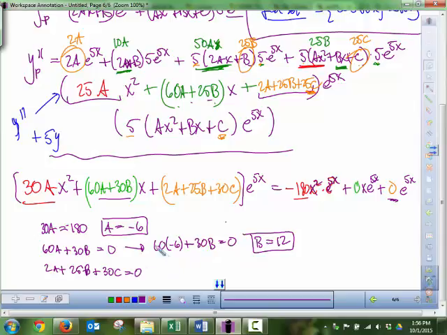And we have values for a and b, so that's 2a, that's negative 6, plus 25 times 12, that was b, plus 30c is equal to 0, so c is equal to this big mess divided by 30.